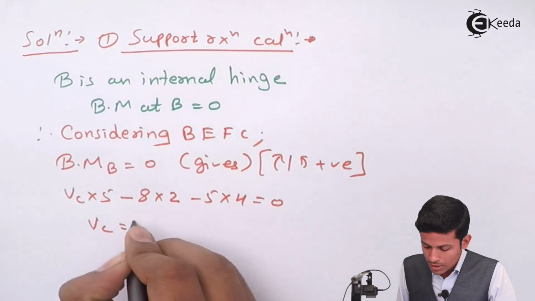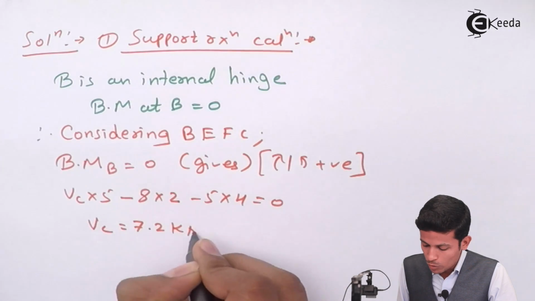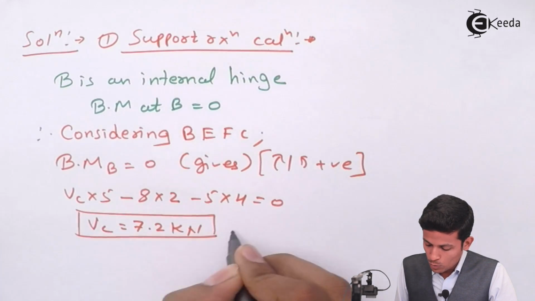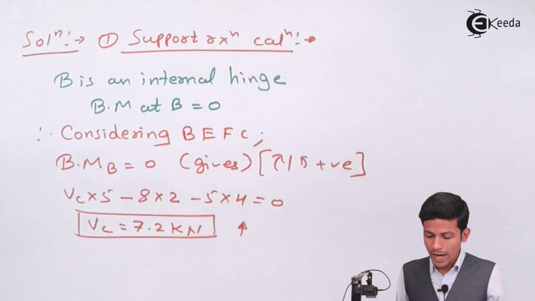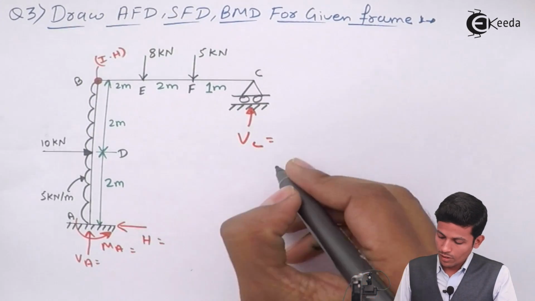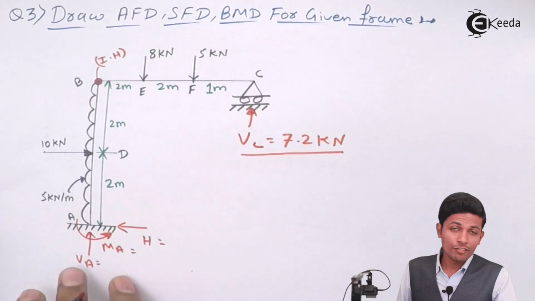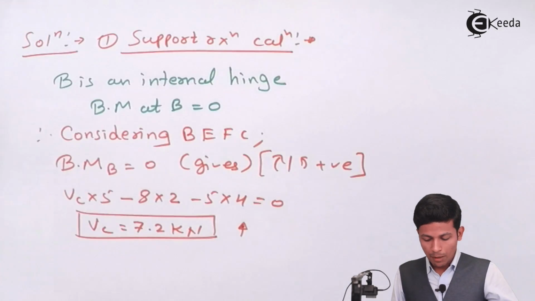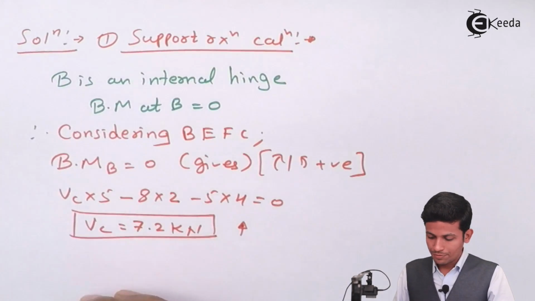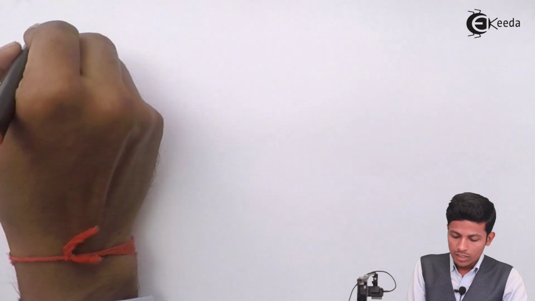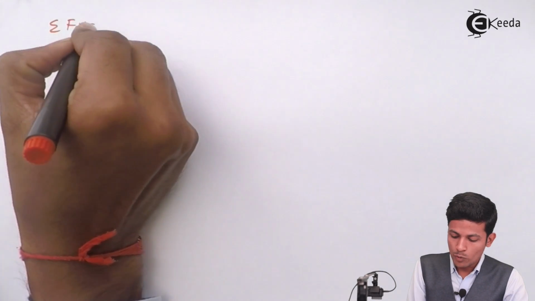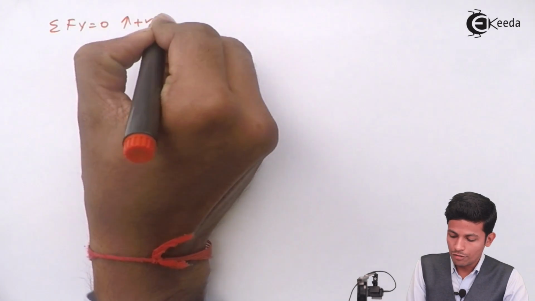Your VC value will be 7.2 kilonewton upward. Now apply it over here, 7.2 kilonewton, this is your VC part. Now after that we have to apply summation Fy equal to 0, upward positive.